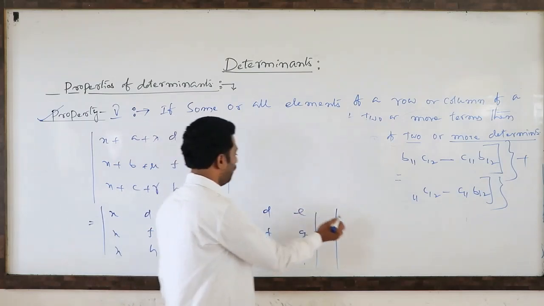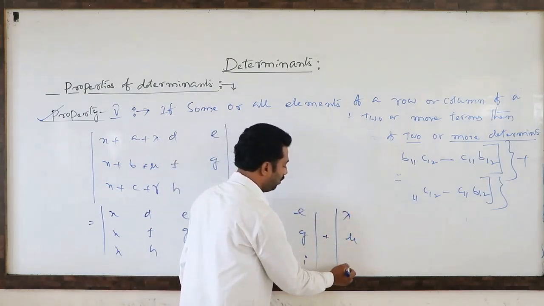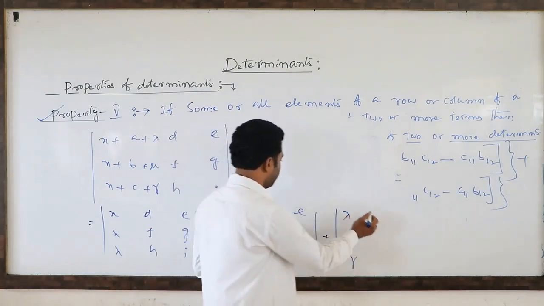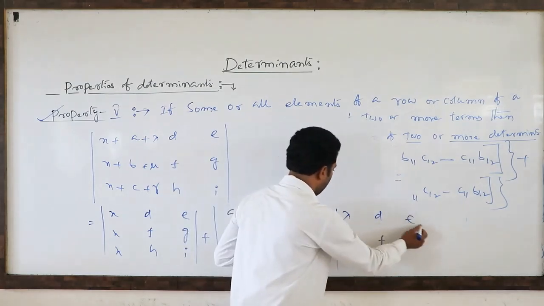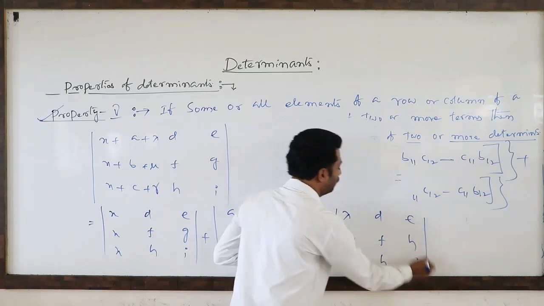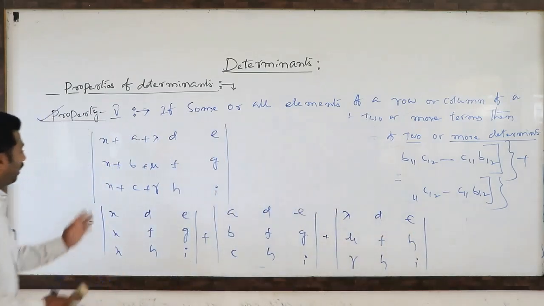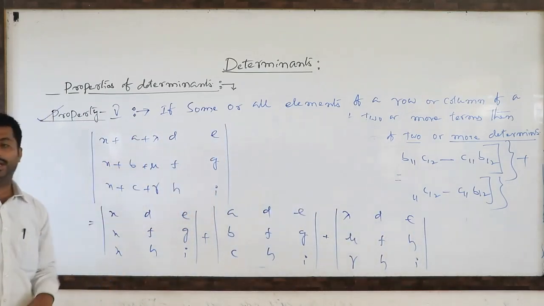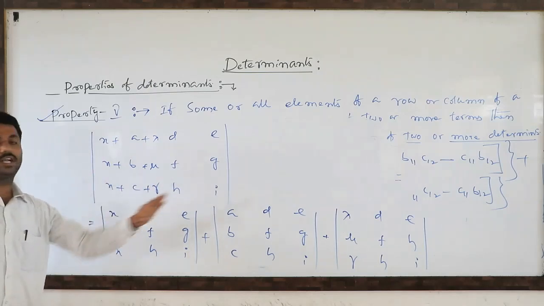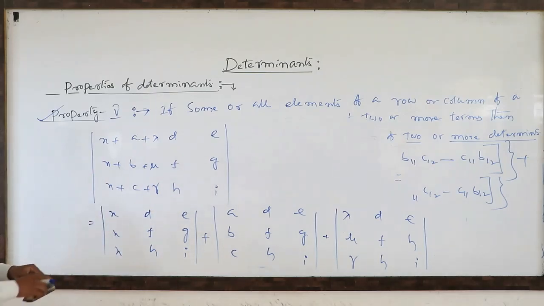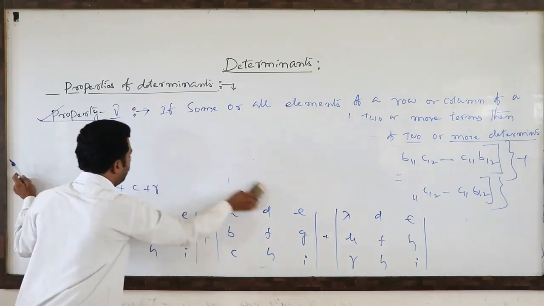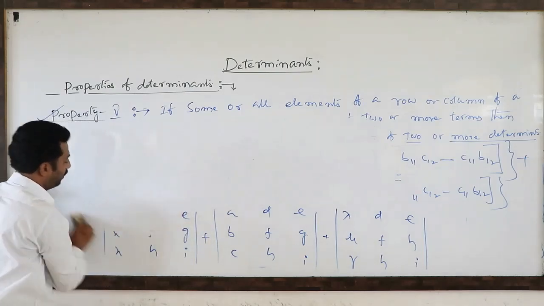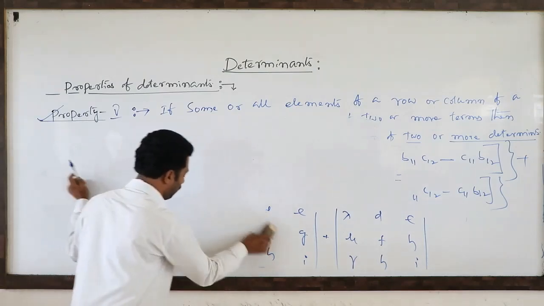So that is lambda, mu, gamma, and the remaining elements. See? Sum of three terms are there, sum of three determinants. Sum of four terms are there, sum of four determinants we can express. So this is the concept of this property. This is the most important property you have to remember.